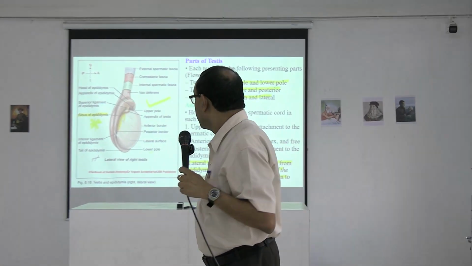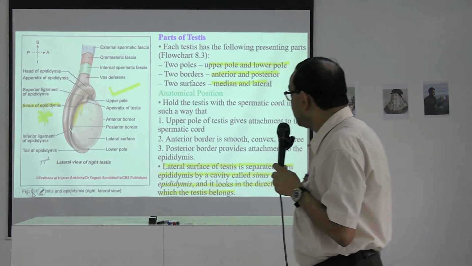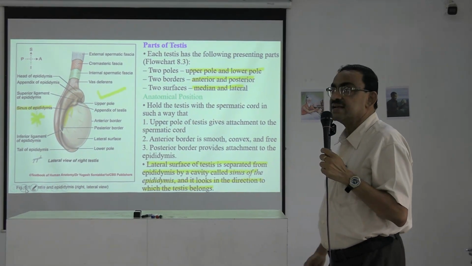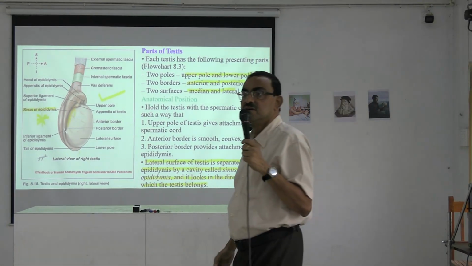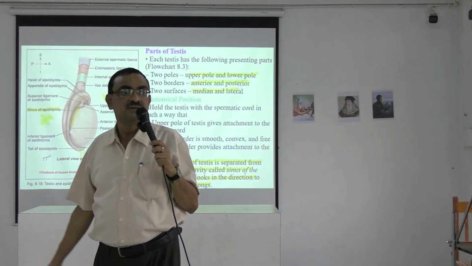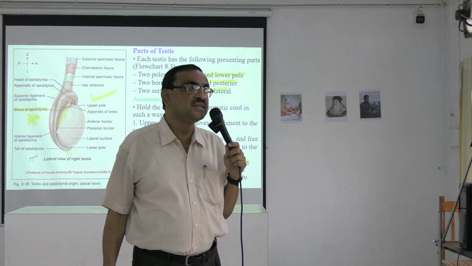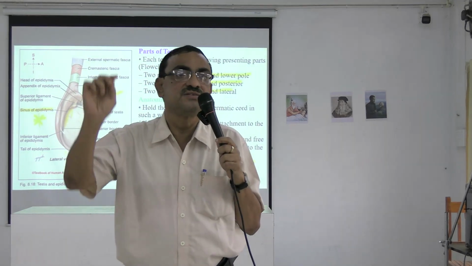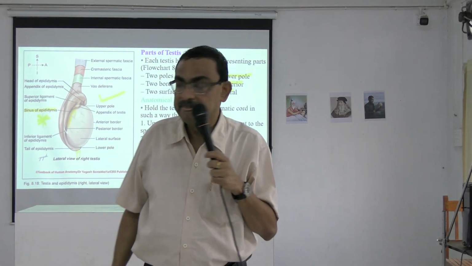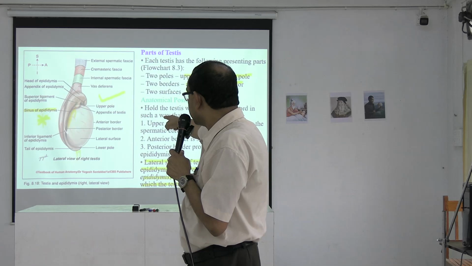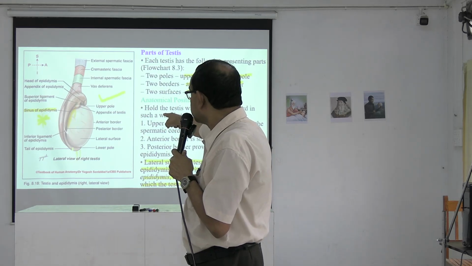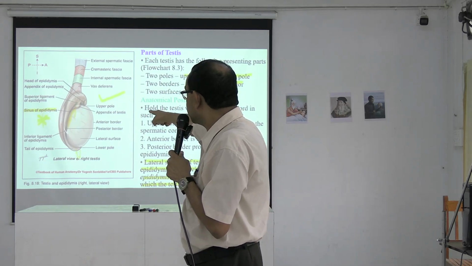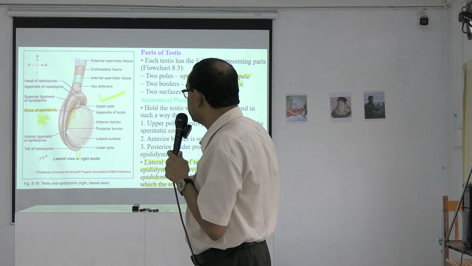Now, at the lower pole, the testis is attached to the epididymis with a fibrous strand, the inferior ligament of the epididymis.